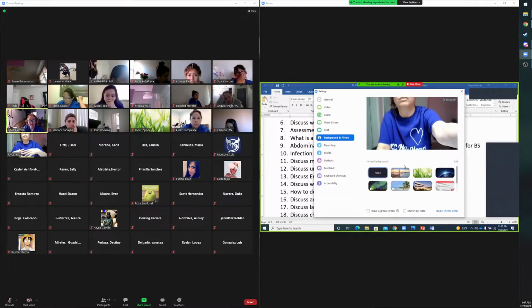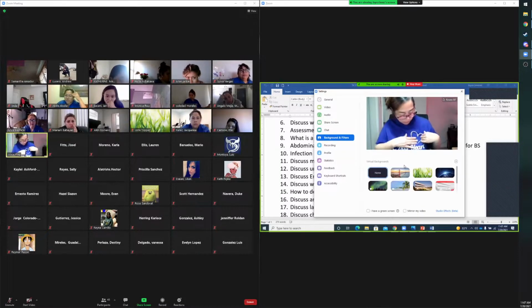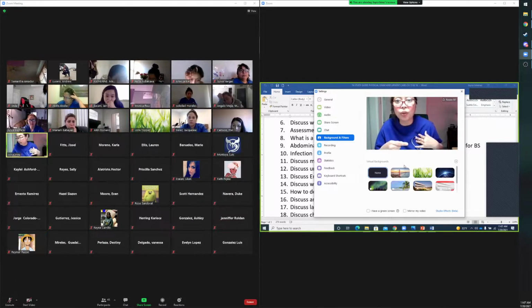Okay. See, I have a heart here. Actually, in layman's terms, it's below the nipple, but we don't say below the nipple. It's fifth intercostal space.